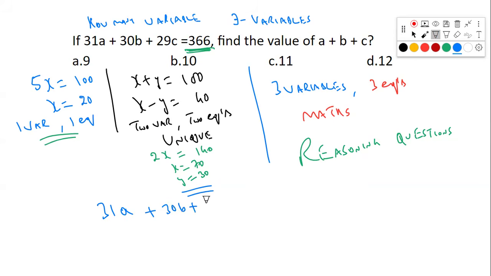The same equation, I can also write as 31A plus 30B plus 28C, which is equal to 365. See here, 365 with 28C; change it to 29C and it is 366. So I can also give you this equation like this and ask you what is A plus B plus C.